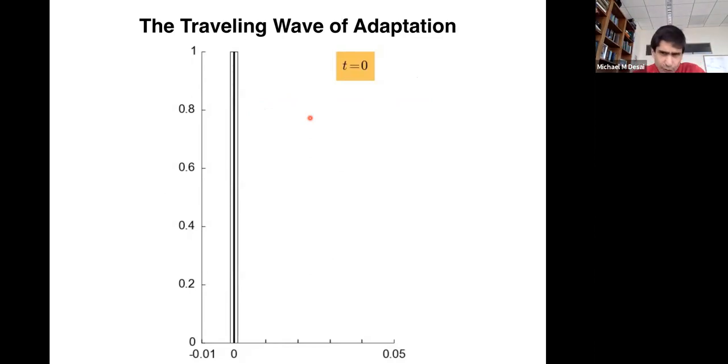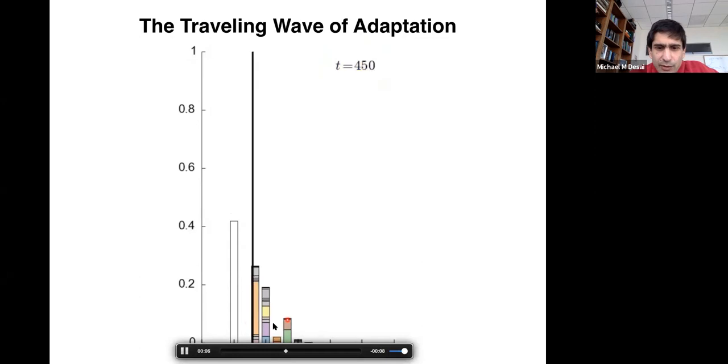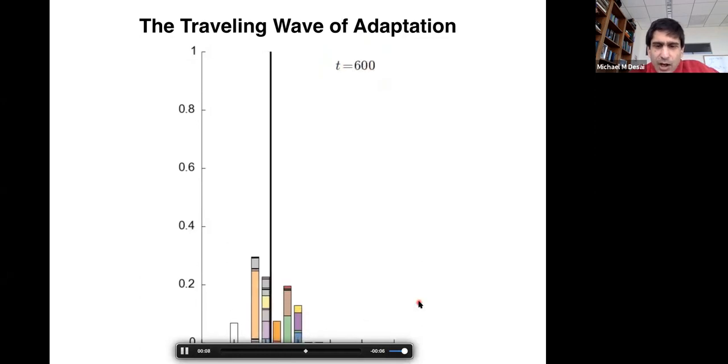What I'm going to play for you is one example, that YPD population I was showing you earlier, and the traveling wave of fitness as the competition between different lineages arises. Initially we start from some clonal population at time 0, and then I'm going to play this, and time in generations is moving on. New mutations are arising here, all these different colored lineages.